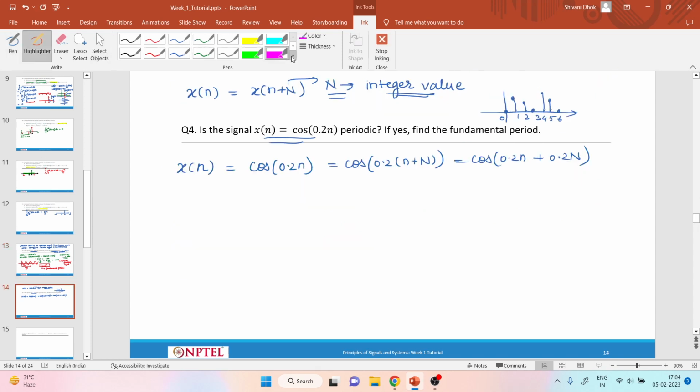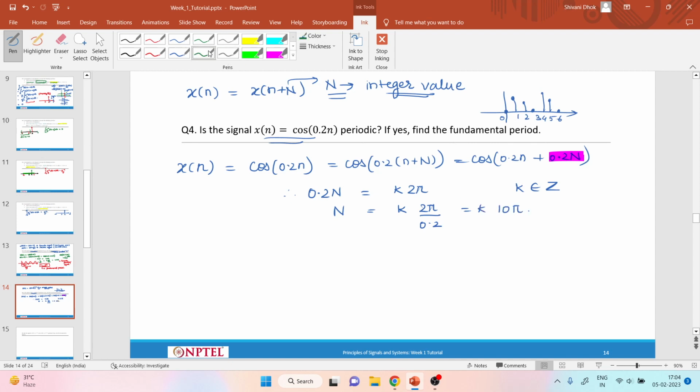So 0.2 N should be k times 2 pi, where this k belongs to integers, and therefore your N is equal to k times 2 pi by 0.2, that is k times 10 pi.